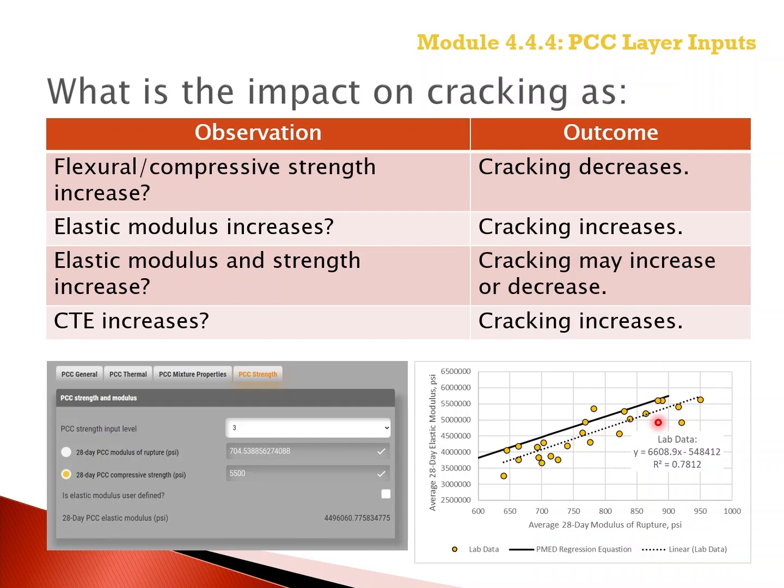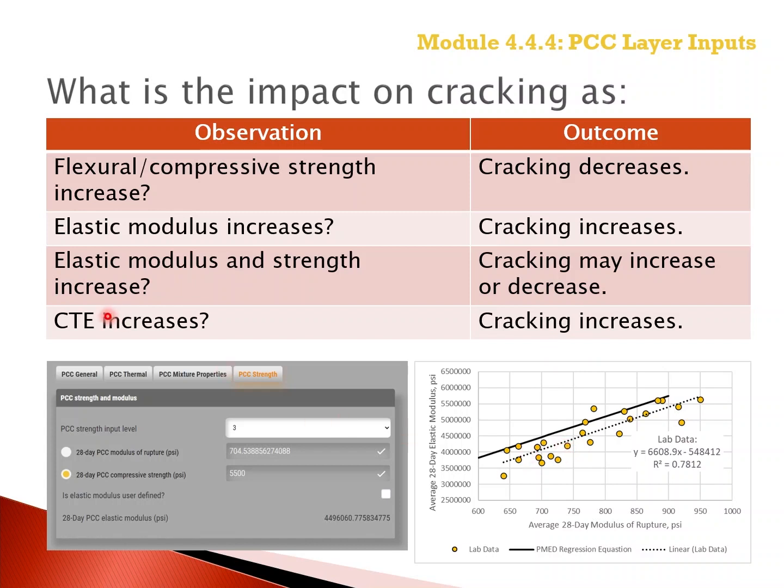So if the elastic modulus is increasing at a much faster rate than the strength, it is likely that cracking will increase. However, if the strength is increasing at a faster rate than the elastic modulus, it is likely that cracking may decrease.